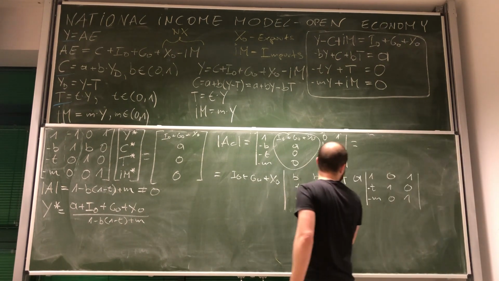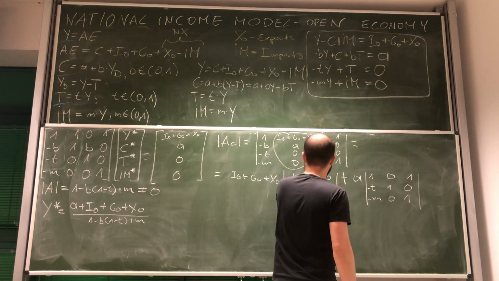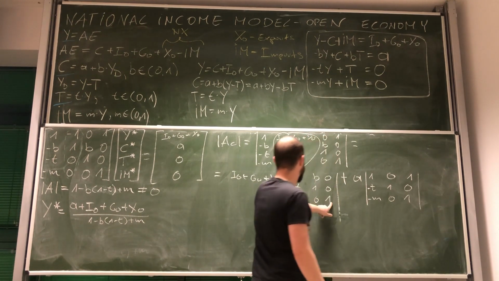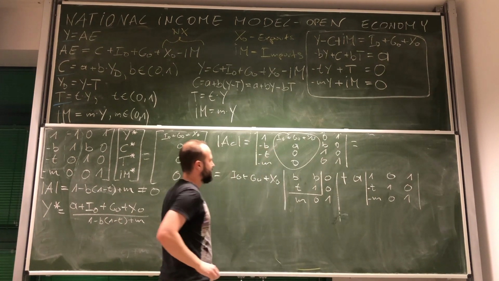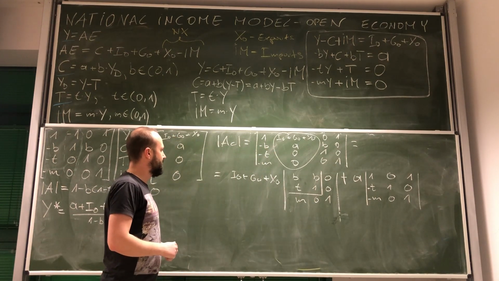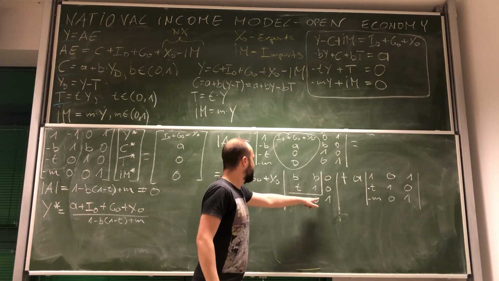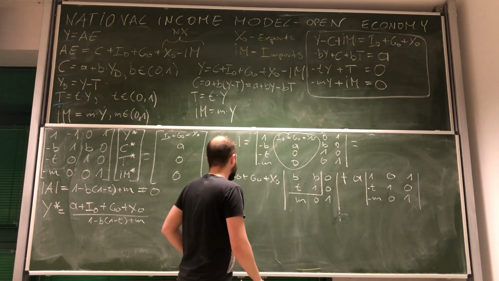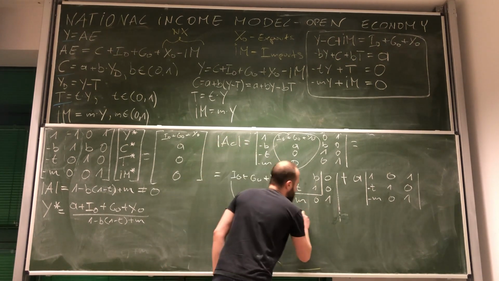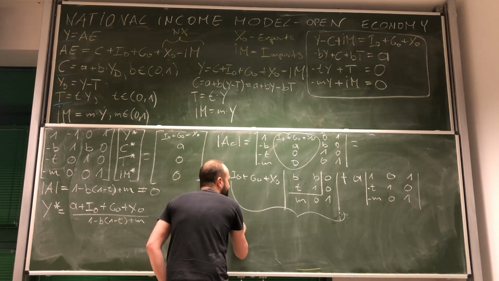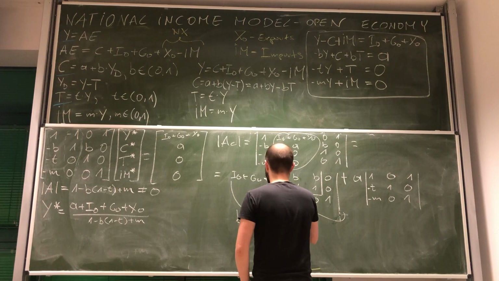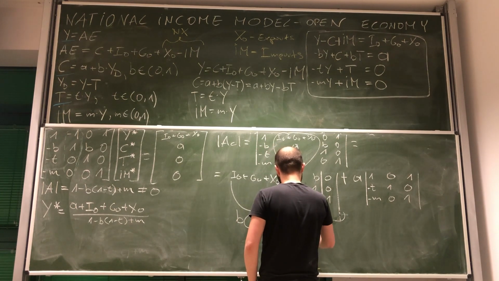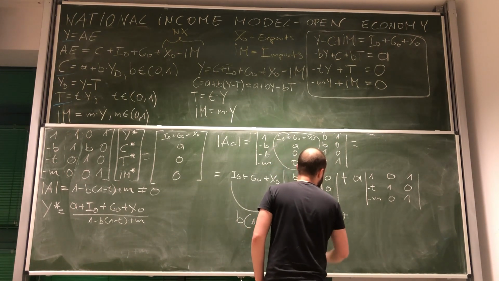Okay, so if I'm going to do Laplace expansion here by this element, this is going to reduce to that. And so this is B minus BT. So this is simply equal to B times 1 minus T, I0 plus G0 plus X0.